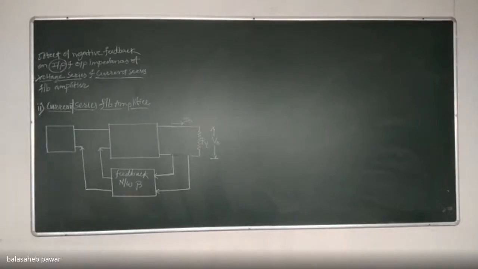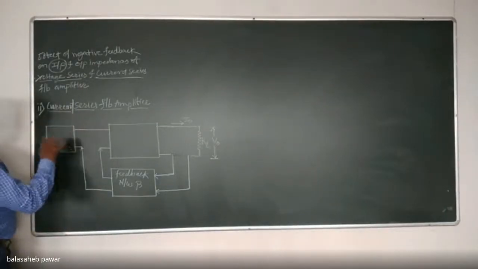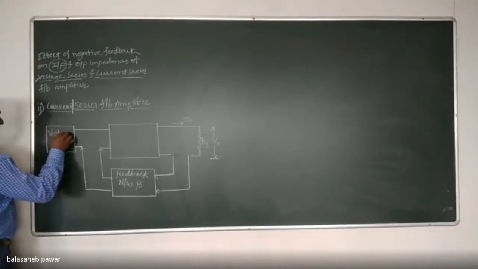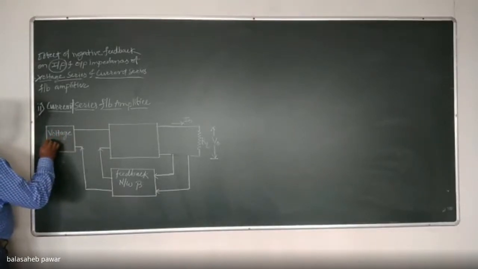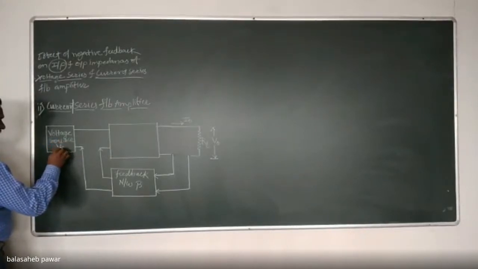Yes, it will be a voltage source. Why? Because the mixing is done in series, and series mixing is possible only with voltage signals. So the voltage source signal will be there, indicated as Vs, right?